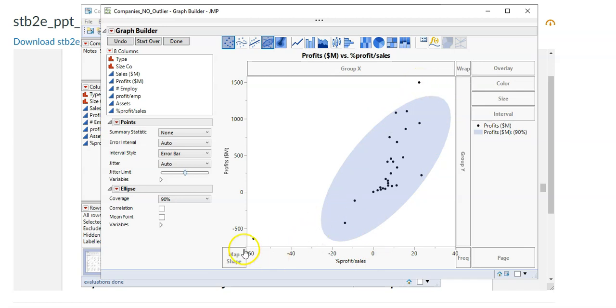So row 15, I just bring my cursor on top of the point that is outside that area. That's row 26. So these two seem to be outliers. What else can I do? With the 90, this is 90%, so I can change it to 95 or 99% if you want.